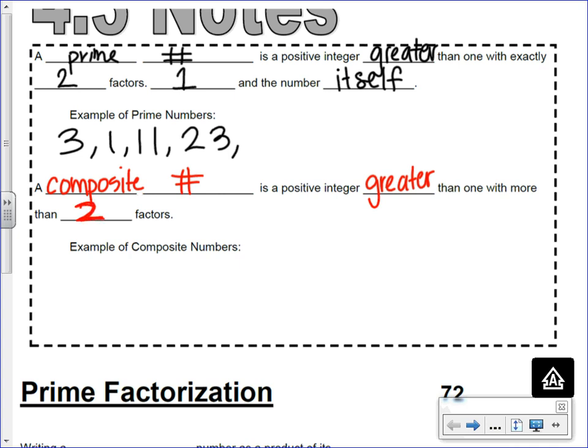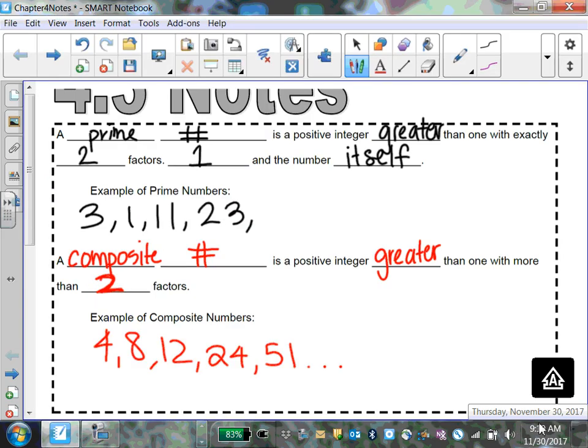Like 4 is composite because it has 1, 2, and 4. 8 is composite: 1, 2, 4, and 8. 12 is composite. 24 is composite. 51 is composite. Everybody with me? Questions about prime and composite numbers?